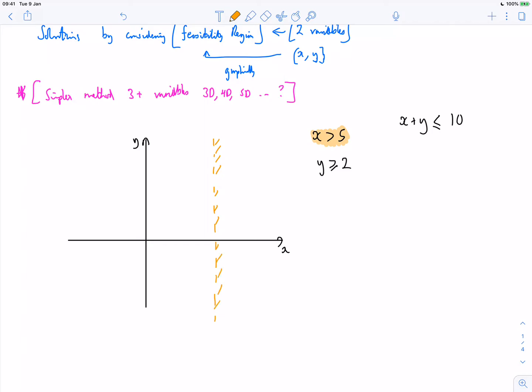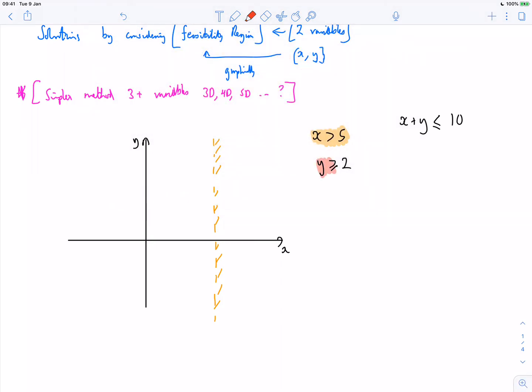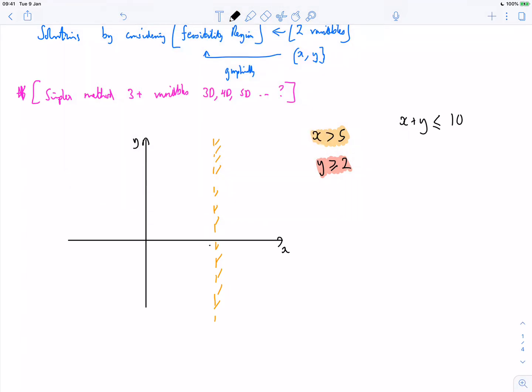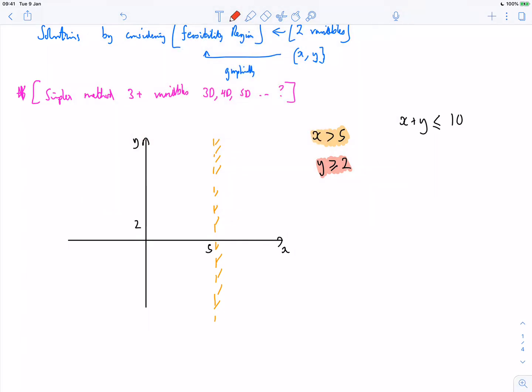Okay, y is greater than or equal to 2. That's 5, and then 2 on the y-axis is somewhere there. Because that's greater than or equal to 2, I need to draw a horizontal line that's solid, and I want y greater than that value.